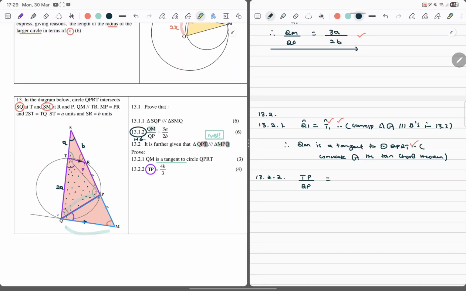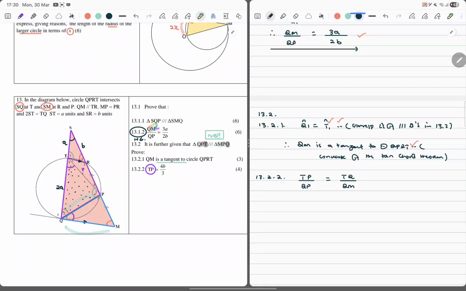This is equal to, but do I want QP? Okay, QP is there, so I can use that statement above. Okay, good. And then I want to choose a side that I know, so that should be TQ over. Now TQ is opposite P2, and we said P2 was going to be equal to P3, and the side opposite that is QM.